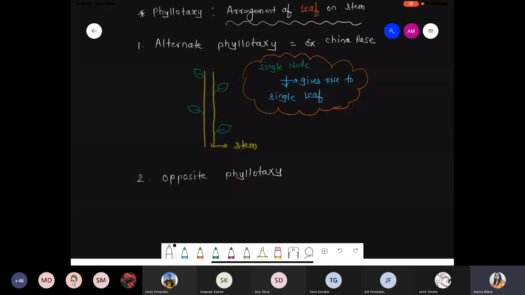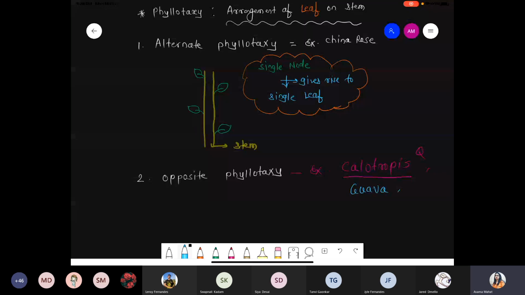Opposite phyllotaxy is present in one common example, calotropis. Another example, guava. So these are the two examples where opposite phyllotaxy is present.